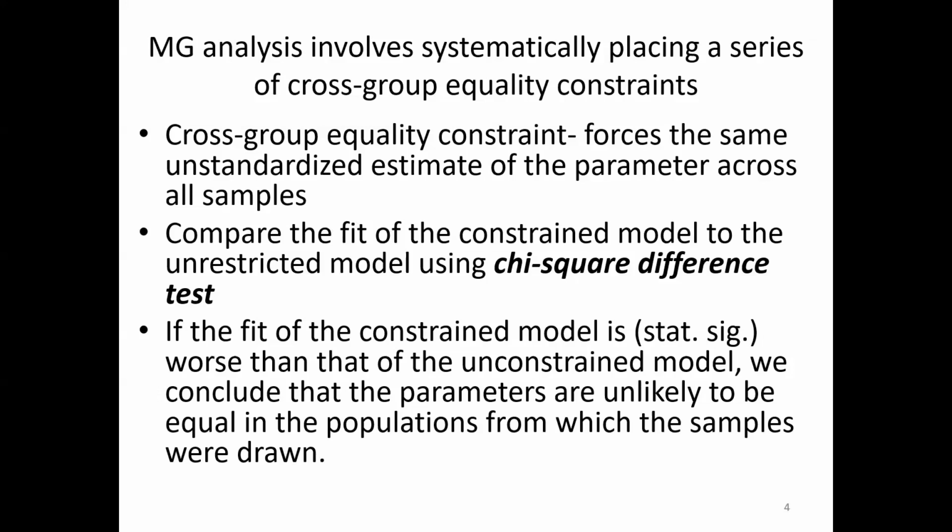There are these things that we're going to have to do to be identified. But we're going to start with the most unconstrained model that we can, and then we're going to make a set of increasingly strict constraints and look to see, does the model fit get worse as we make those constraints? So we start with a model that's as unconstrained as possible.